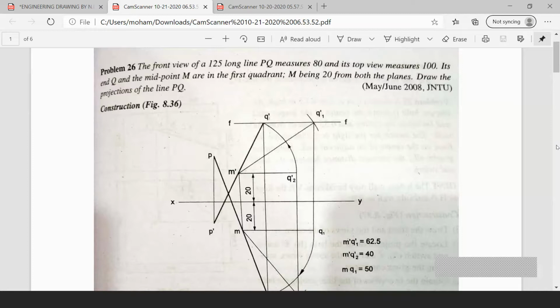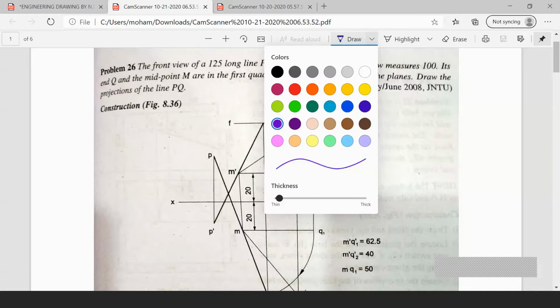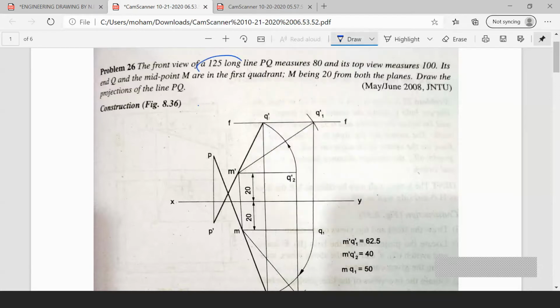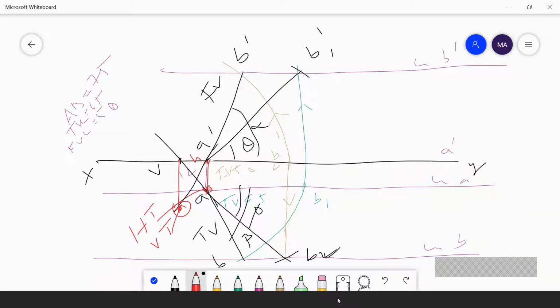Here he has given the front view of line PQ, 125 mm long, as 80 mm and top view as 100 mm. M being 20 mm from both the planes. The midpoint is 20 mm from both the planes. So how will you draw? Just see here.